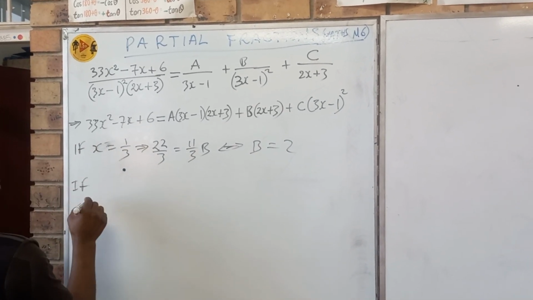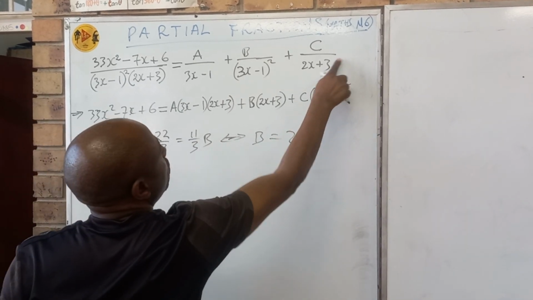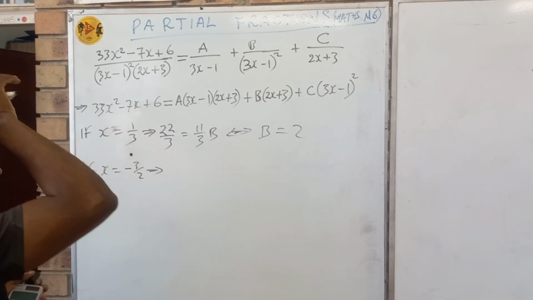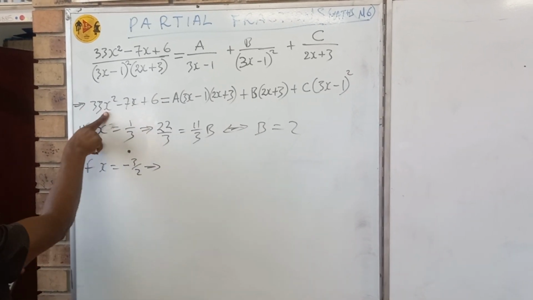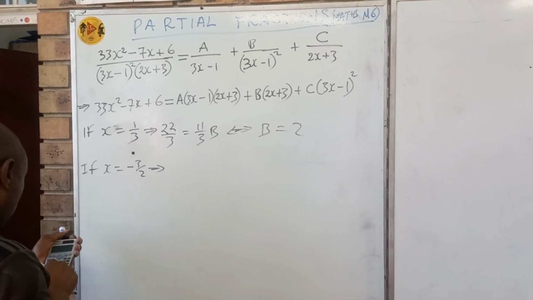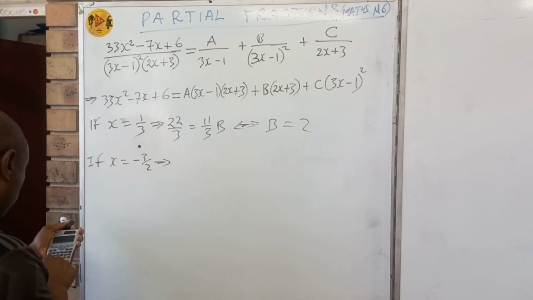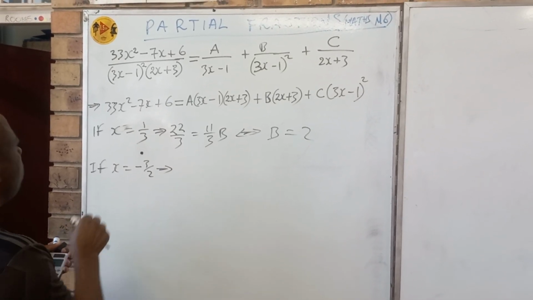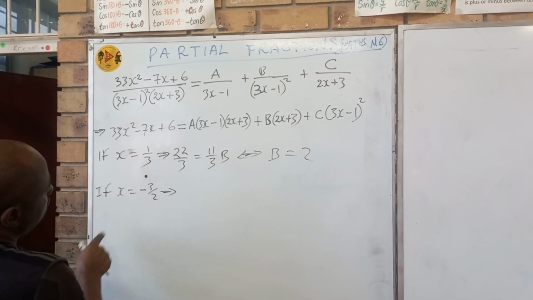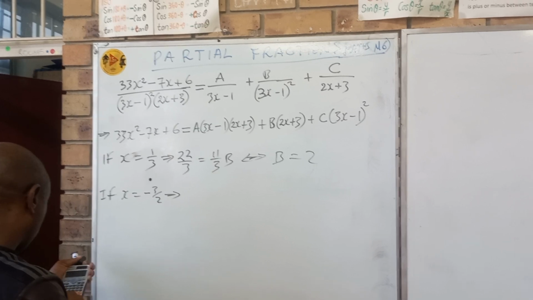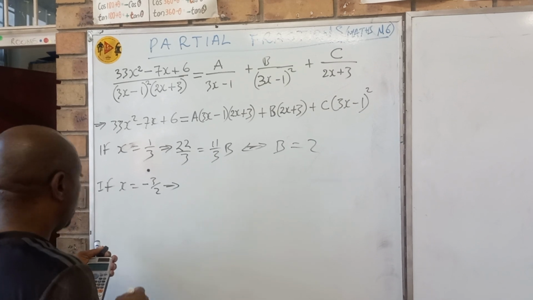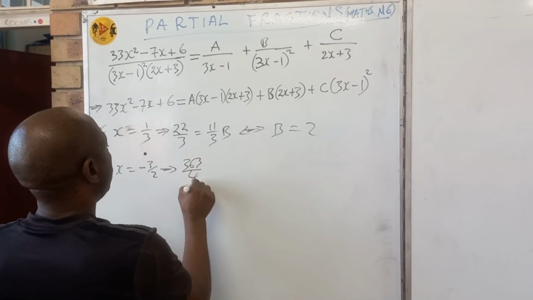Then our next number should be x equal to, if you equate that to 0, negative 3 over 2, which will also substitute right through. If I take 3 over 2 squared, that gives me 9 over 4. So I'm getting 33 times 9 on 4 for my first term. Then negative 7 times negative 3 over 2 is plus 21 on 2. Then plus 6. So the left for me is 363 over 4.